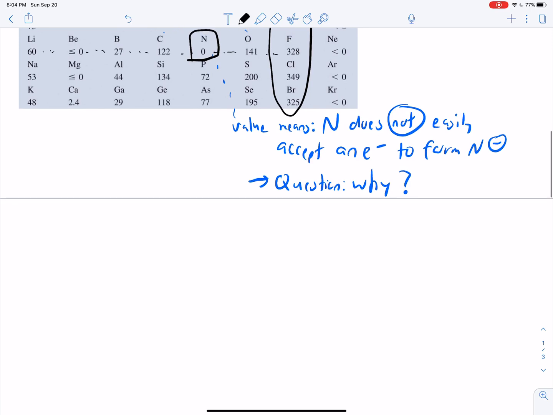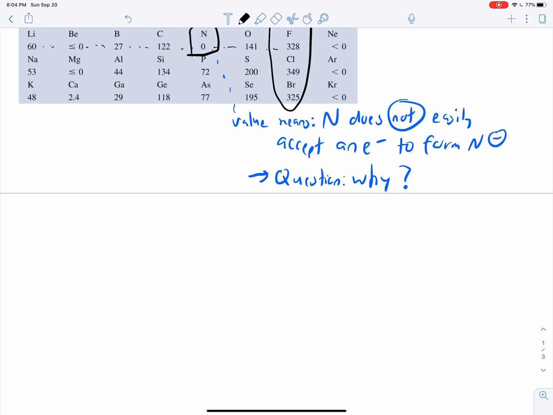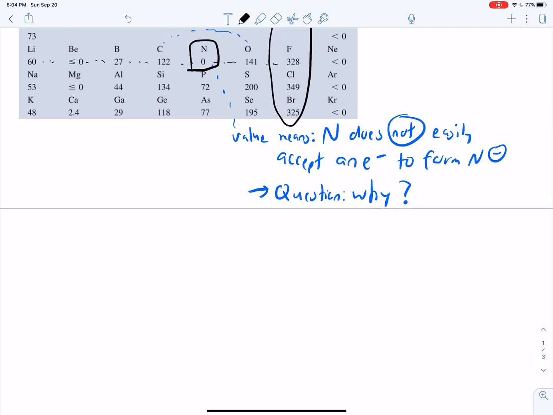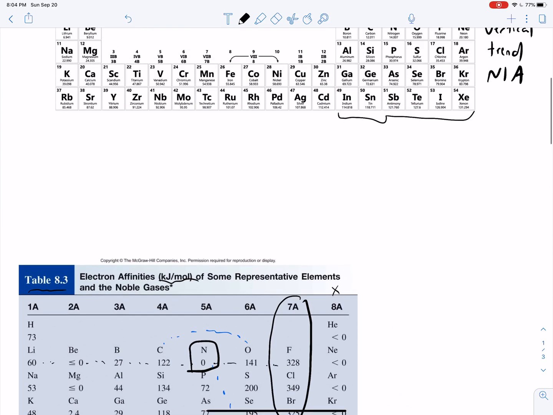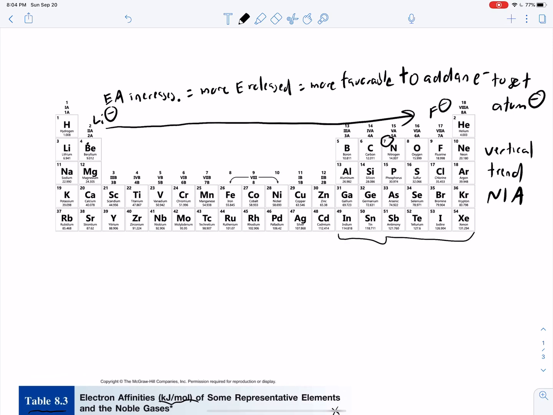When we're trying to think about why it may be unfavorable to add an electron to nitrogen, or at least why it's not particularly favorable, we want to start the same way we would start an ionization energy problem, by drawing out the electron configuration of N. You can draw out the entire electron configuration, or just the valence electrons, but I'll do the entire electron configuration because nitrogen only has 7 electrons total.